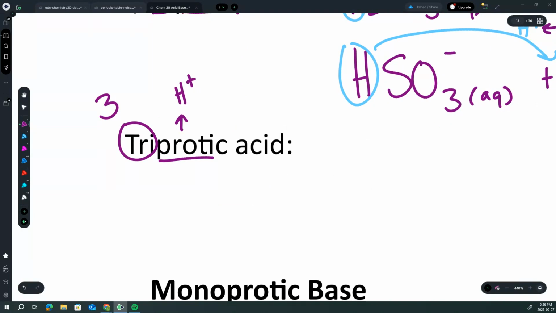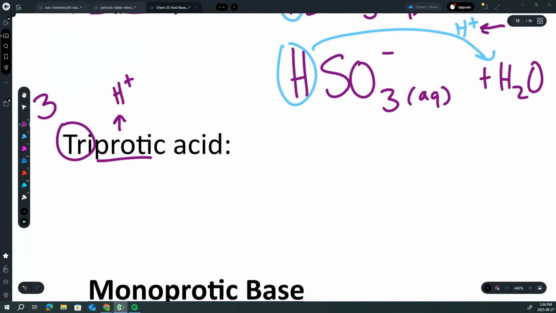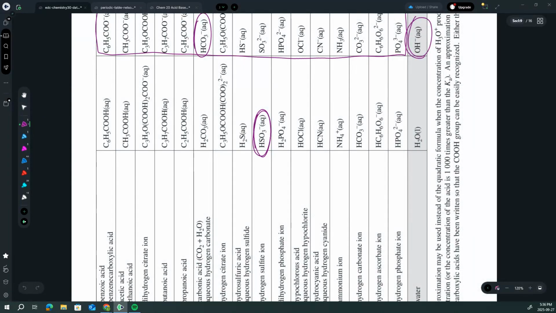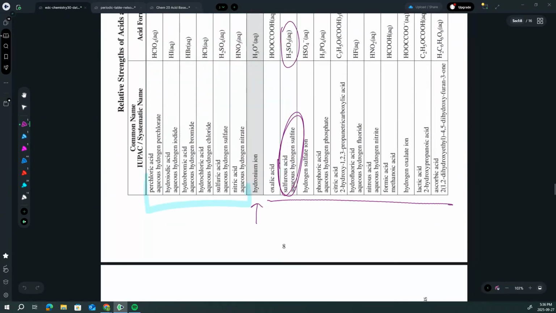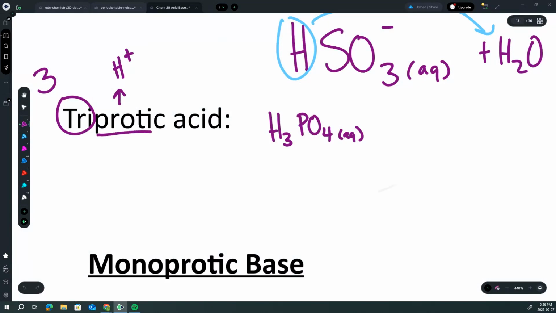So, for example, we're going to have to squish this in here. Okay, so let's say we have phosphoric acid. We'll be able to find that right here. So it's a weak acid, so that means we got to use the double-headed arrows.